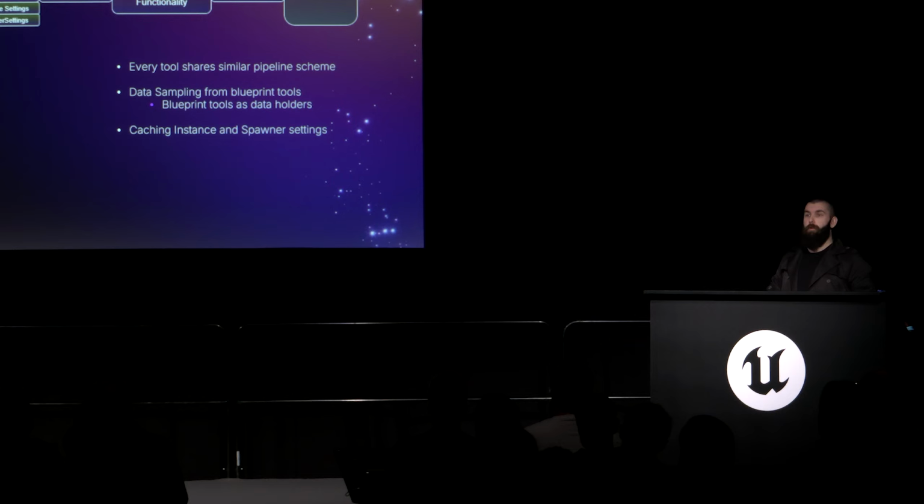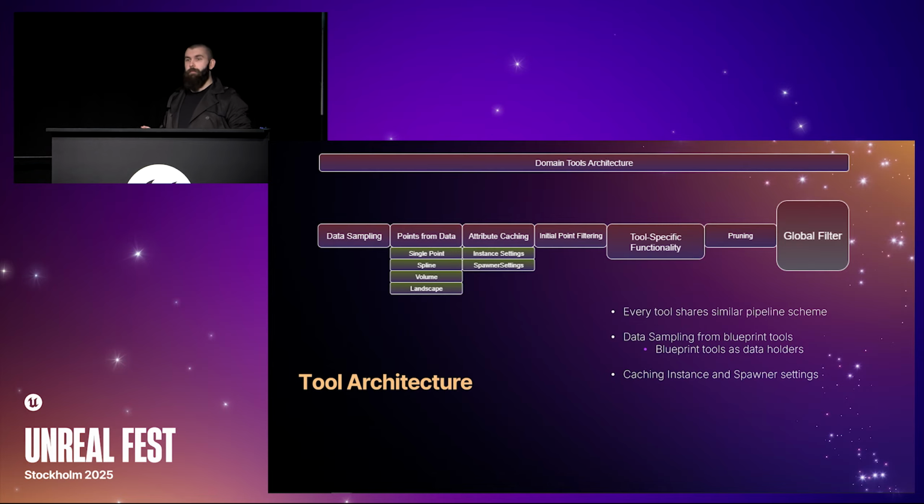Then another thing that is being sampled from that data is two types of settings: the instance settings from the domain instance settings data asset, and the spawner settings, which then are all cached as a point attribute inside the PCG. Then after all that composition has been done, we go through an initial point filtering like layer filtering, slope filtering, and such. And then we go through a tool-specific functionality like surface snapping, clustering, etc.